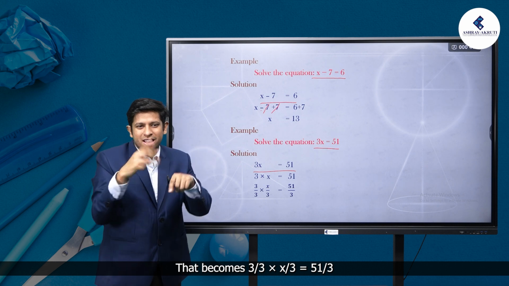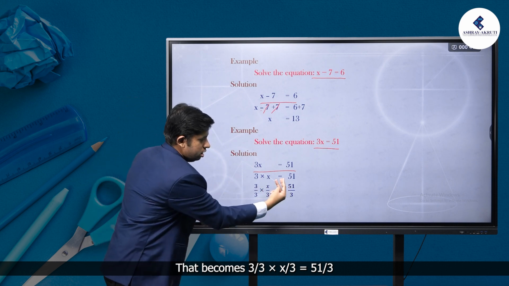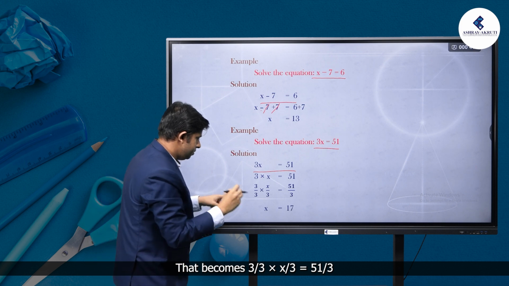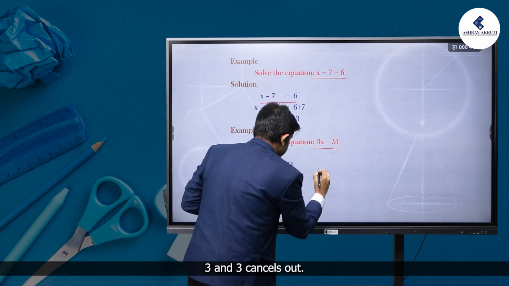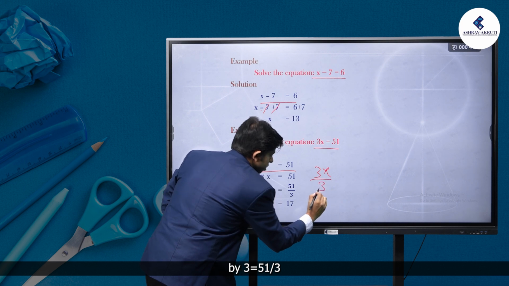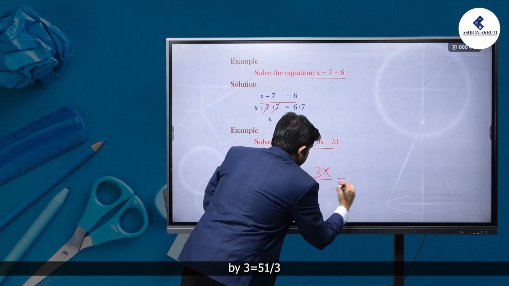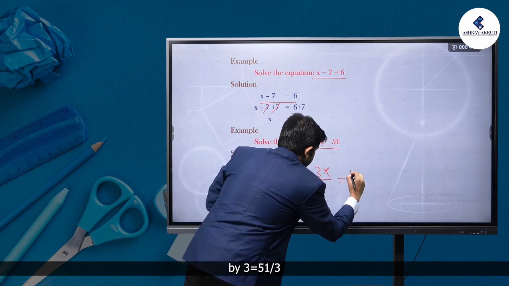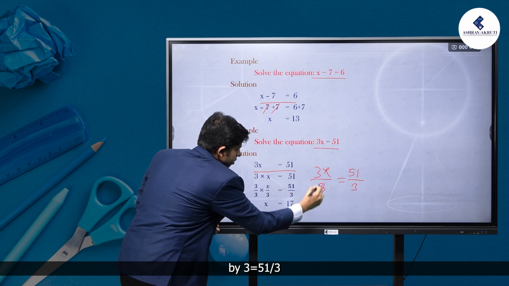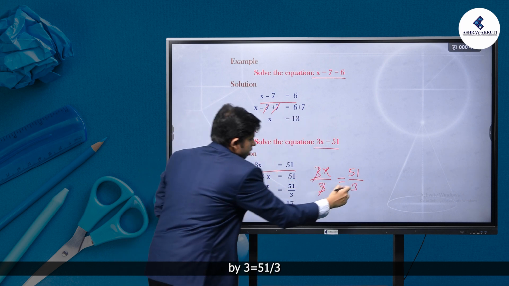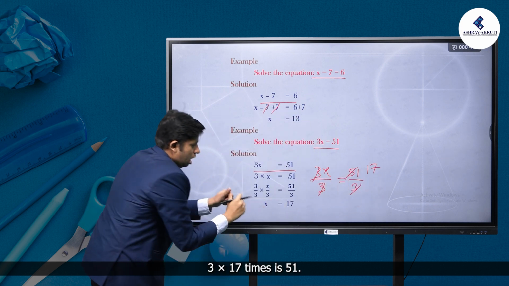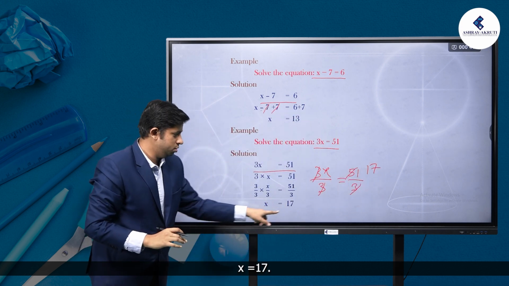So that becomes 3 by 3 into x is equal to 51 by 3. 3 and 3 cancel out. We are left with x is equal to 51 by 3. Three 17 times is 51. x is equal to 17.